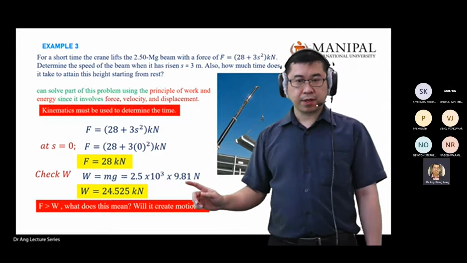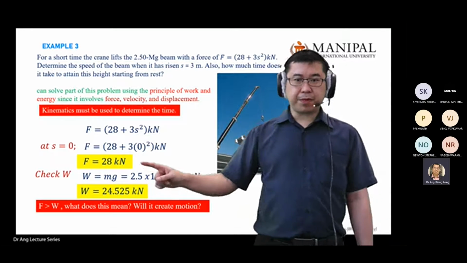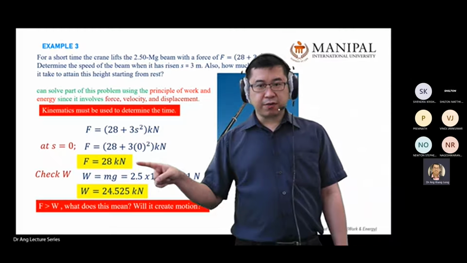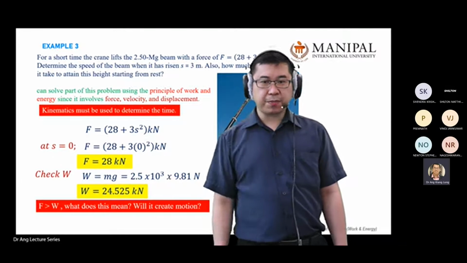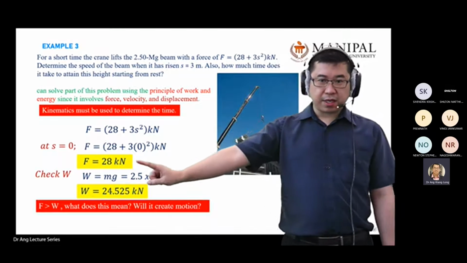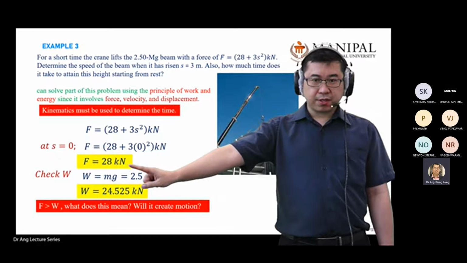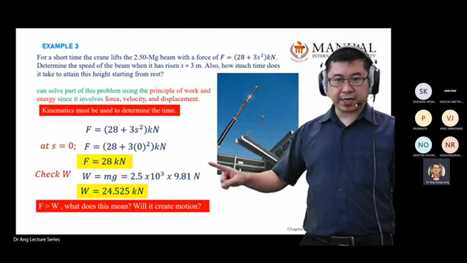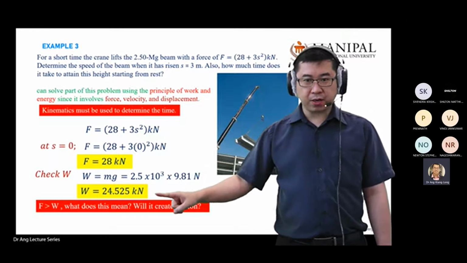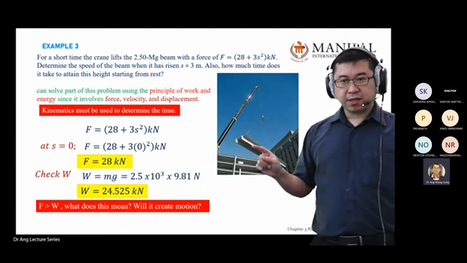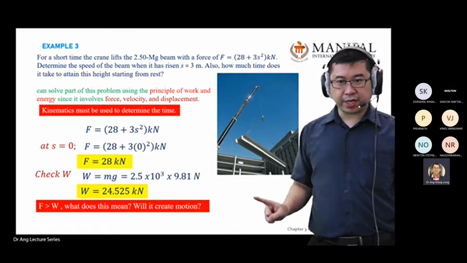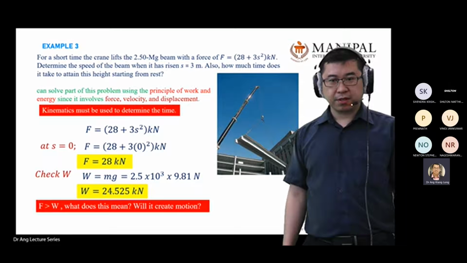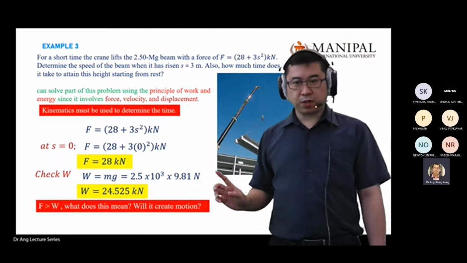Now, what is the purpose of checking the force and the weight at the initial point? If the force before it starts is more than the weight, if the force of pulling up is more than the weight pulling down, what will happen to the beam?